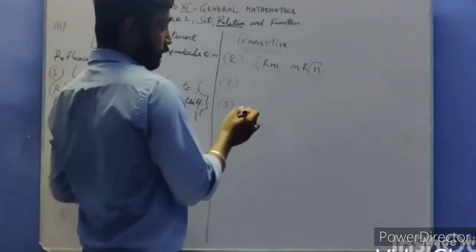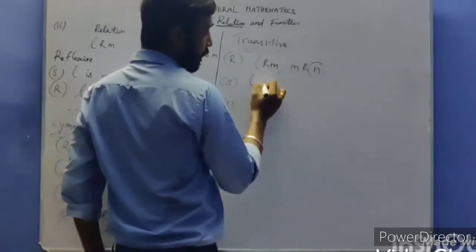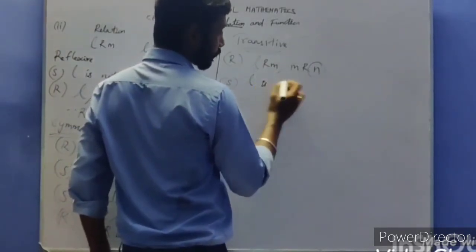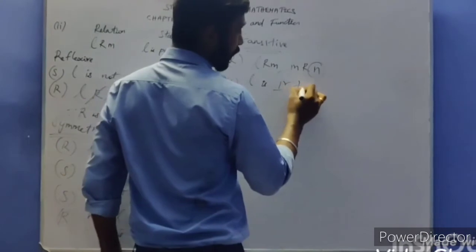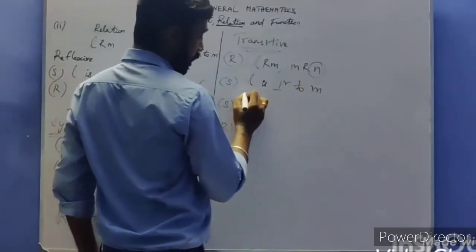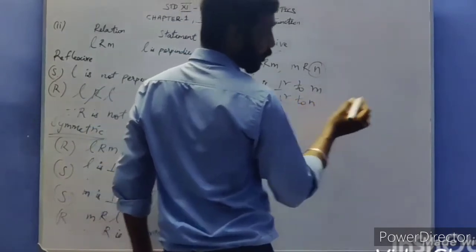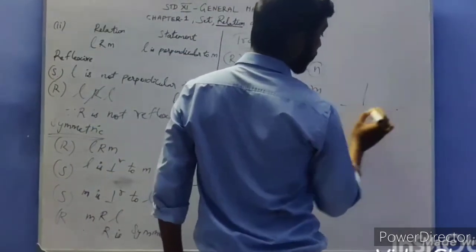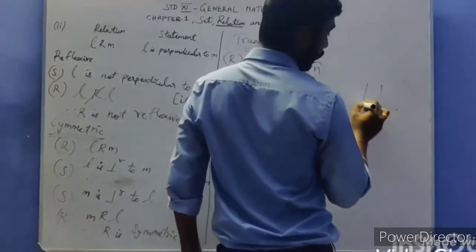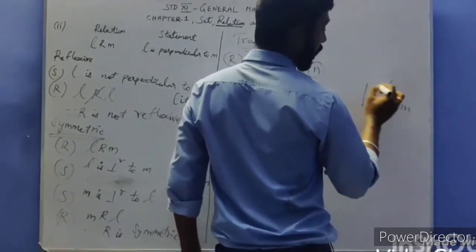So now we have to write the statements: L is perpendicular to M, M is perpendicular to N. So listen to the example, children. M, here L, here N.